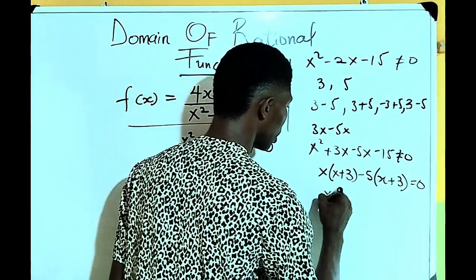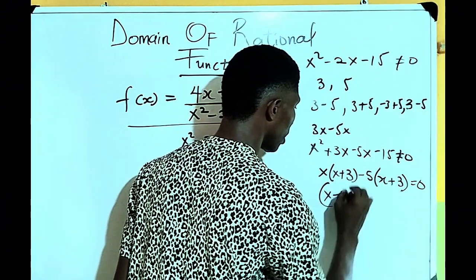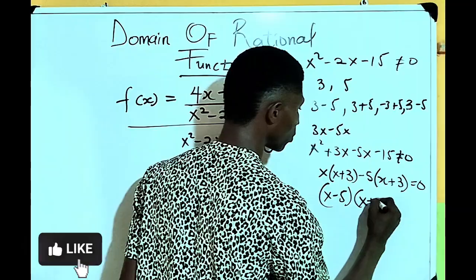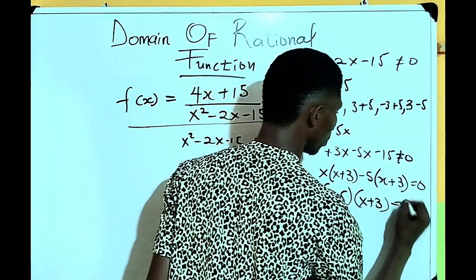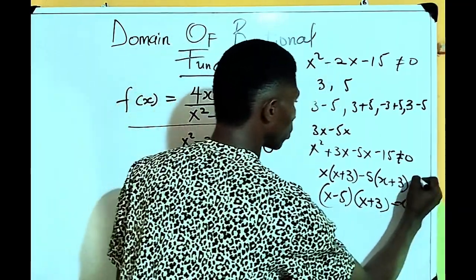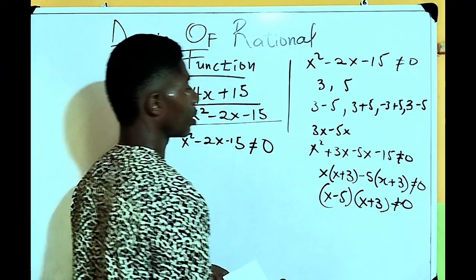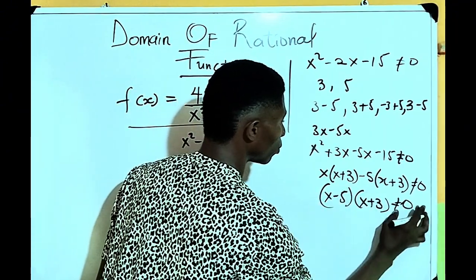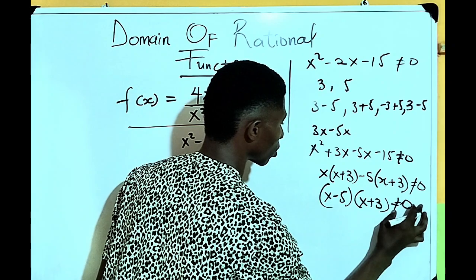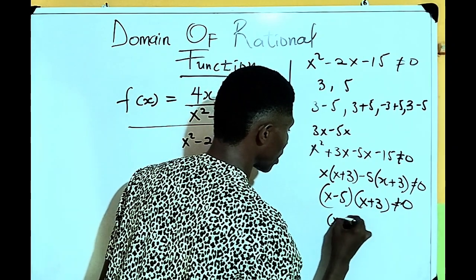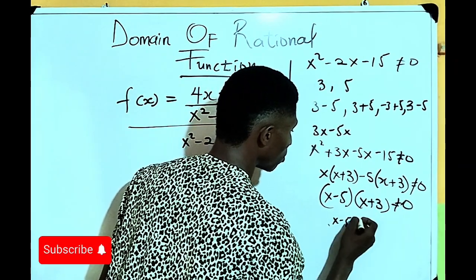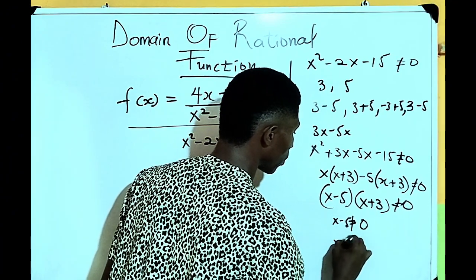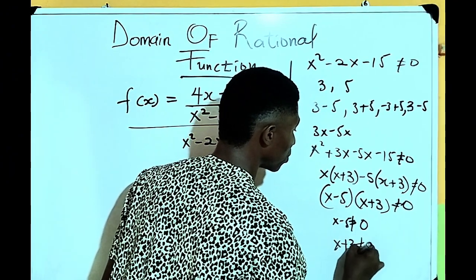Now I have x minus 5, and what is coming here is what? x plus 3 must not be equal to 0. Now, I'm going to equate each bracket to this. So, x minus 5 must not be equal to 0, and x plus 3 must not be equal to 0.